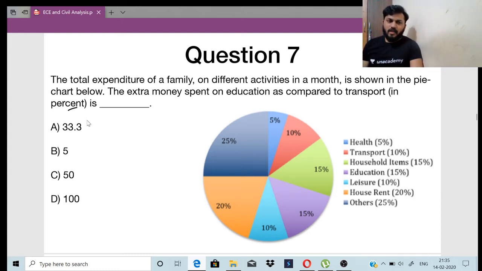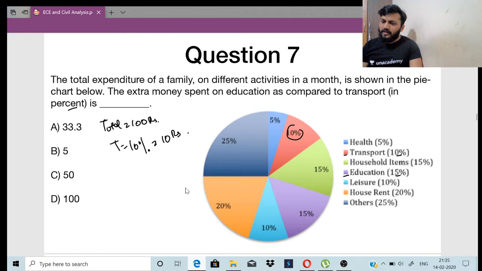So let us take the total as 100 rupees. Total expenditure, उसमें से कितना? एजुकेशन जो है 15% है, ट्रांसपोर्ट जो है 10% है, right? So transport will be 10% of it, that is 10 rupees. Then education will be 15% of it, which is 15 rupees, right?